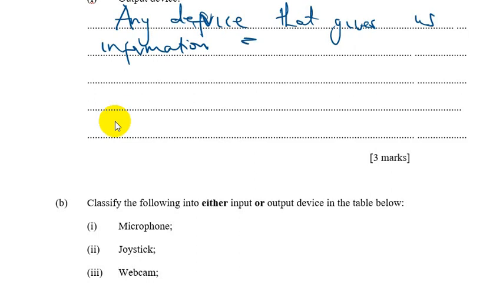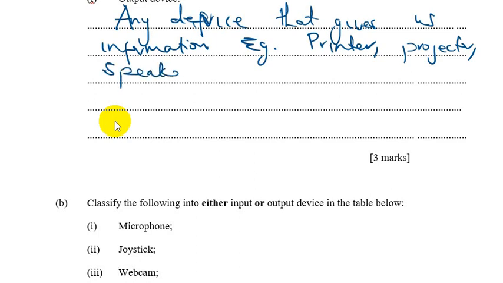Okay, and examples of this, we can say printer, because when we print something from the computer, it comes out, right? Printer. We can say projector. Yes, we can also say speakers, computer speakers, right? Speakers. So they are all output devices.